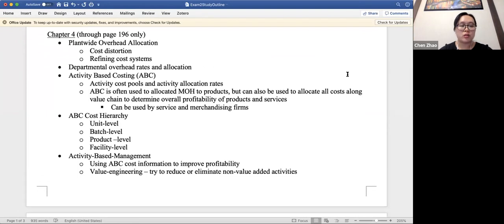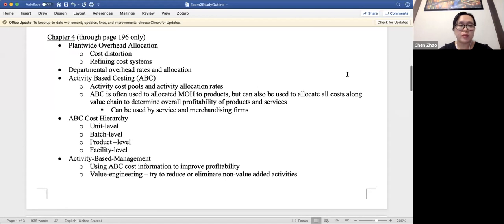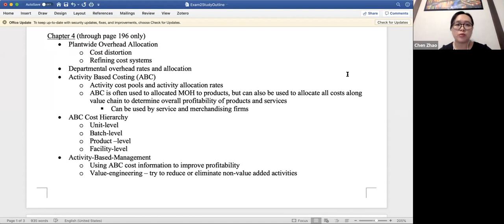Okay, chapter 4. Chapter 4 is activity-based costing. It's a pretty easy chapter. I think I recorded the chapter video for only about 13 minutes. For chapter 4, you need to understand that some firms have different kinds of activities, and the different activities will have different cost drivers. And if we use activity-based costing, where you use different overhead rates, you're going to record a more accurate cost for your products.